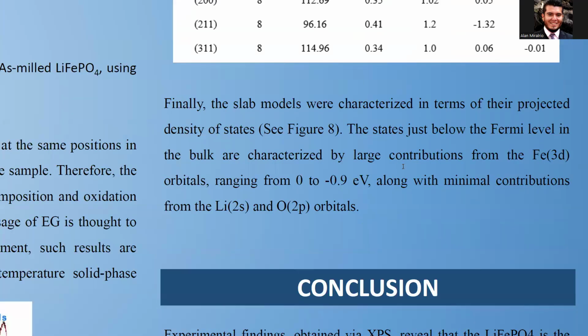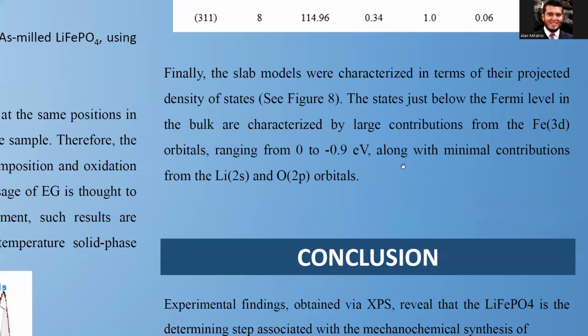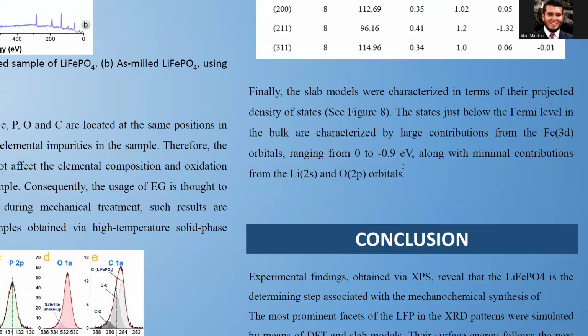Finally, the slab models were characterized in order to determine the different contributions, starting with the large contributions of 3D orbitals of iron, ranging from 0 to minus 0.9 electron volts, along with the small contributions of lithium and oxygen.